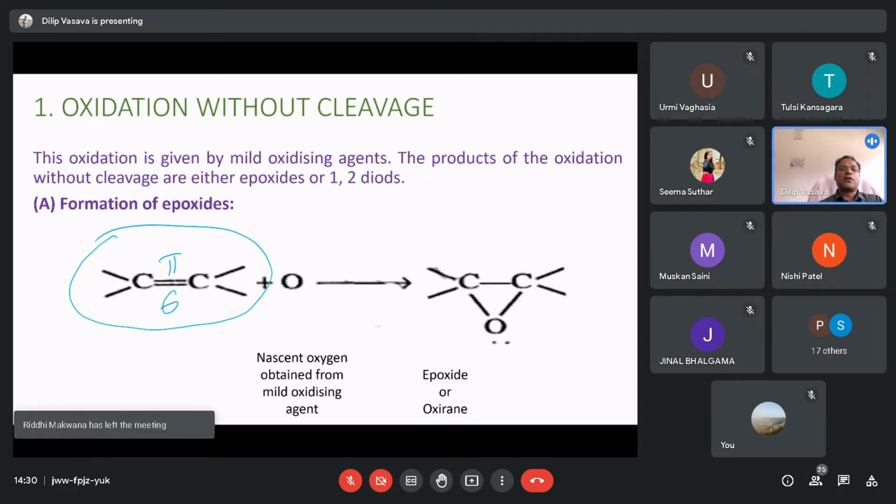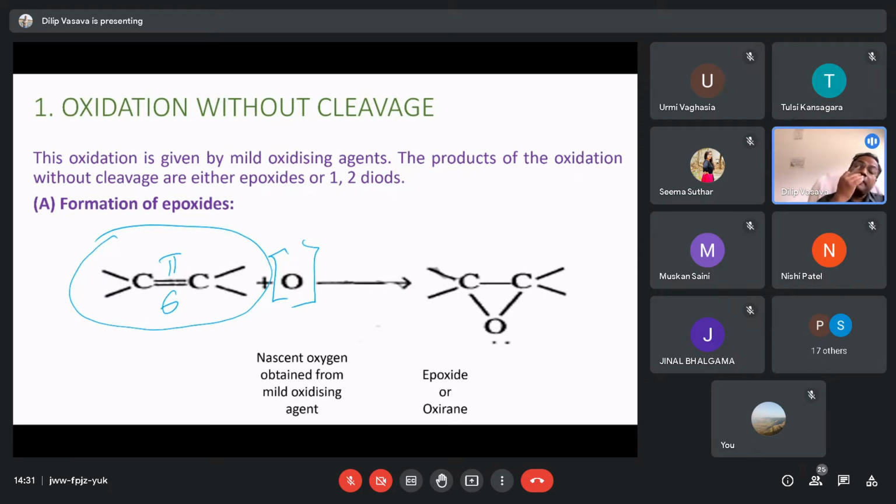So nascent oxygen, mentioned in the bracket, can be generated from peroxides, such as hydrogen peroxide or metachloroperbenzoic acid. Oxygen always exists in the form of the molecule O2, so single oxygen is taken, that is why it is known as nascent oxygen.